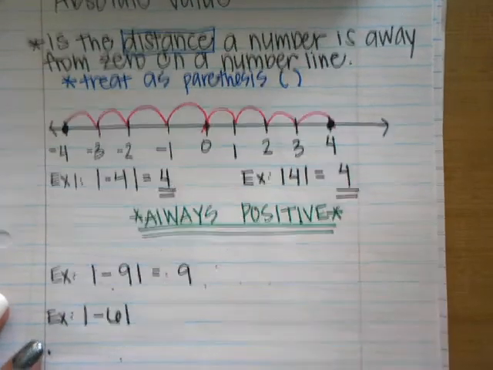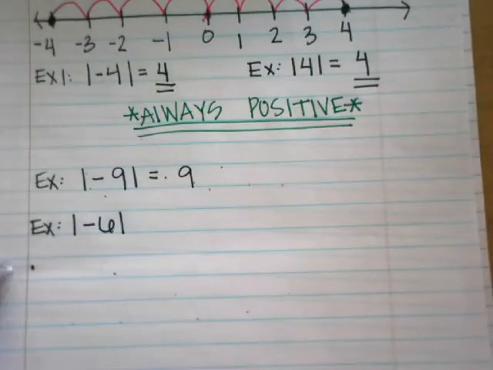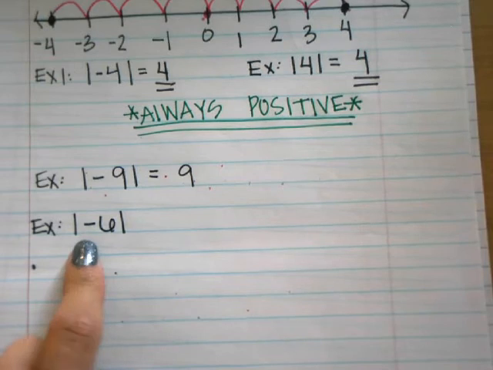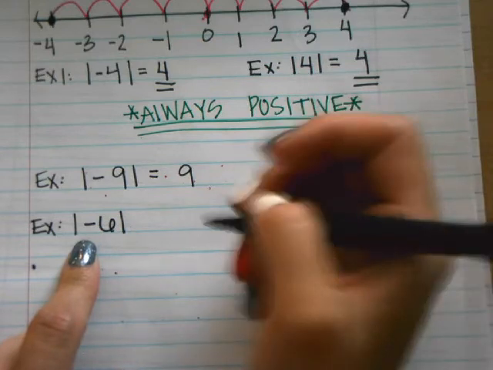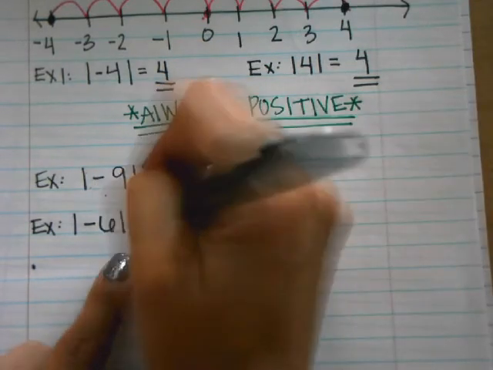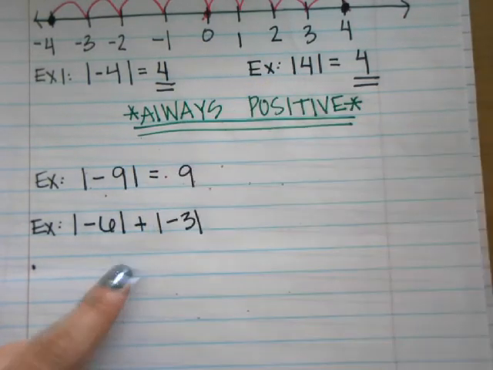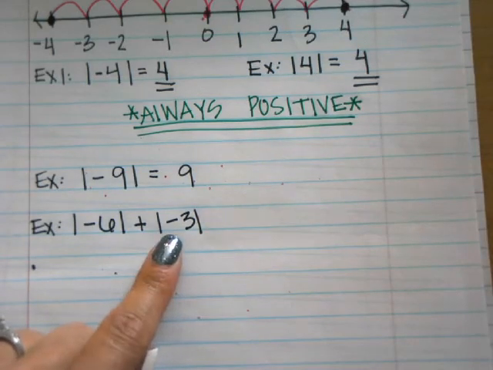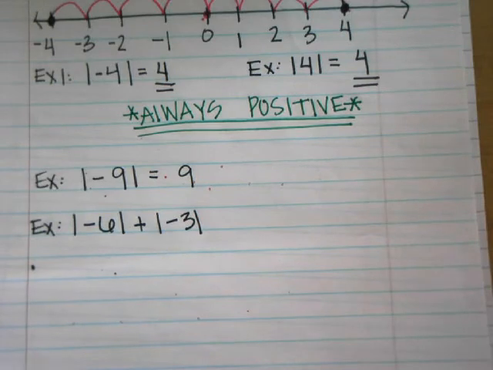Okay, so I got that. What's that say, everyone? Nope, what's it say? Good, the absolute value of -6, and then I'm going to add a plus. What do you think I have to do? What do I need to do first?